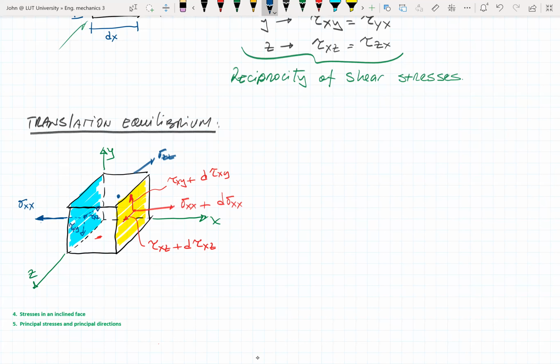Let me put it also segmented. And downwards. This is going to be tau zx, just that one.